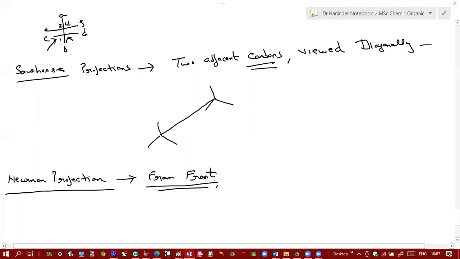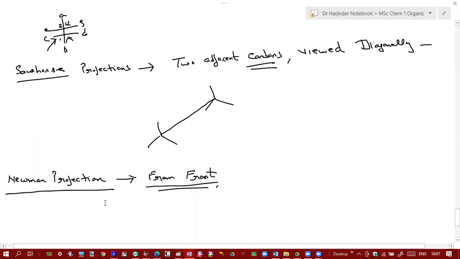It's a projection formula which is used to represent the spatial arrangement of atoms around two adjacent carbon atoms when viewed from the front. If you view it diagonally, that gives the Sawhorse projection.